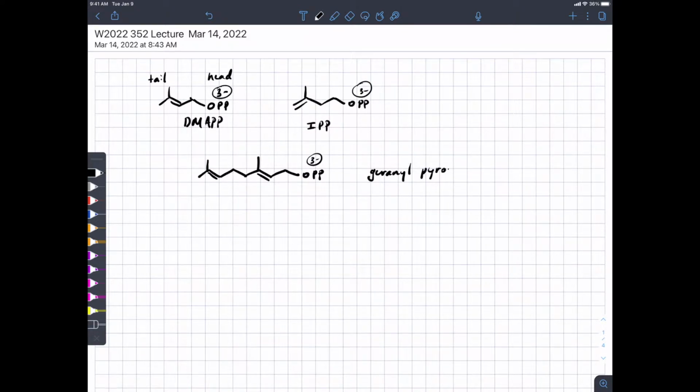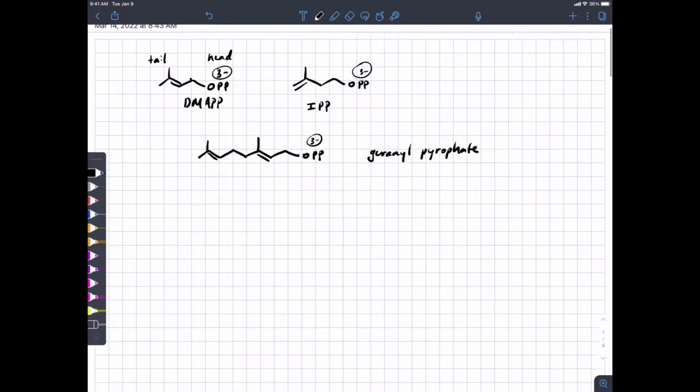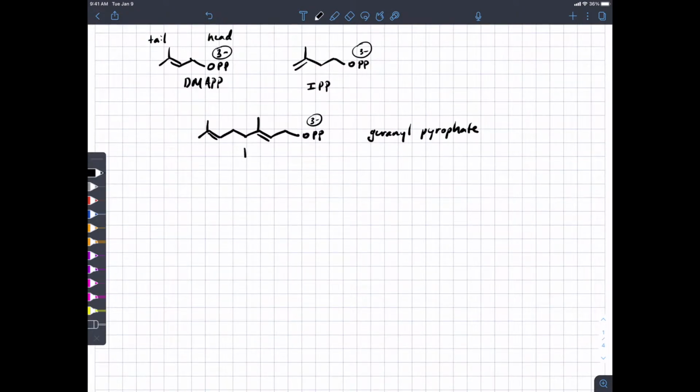All right, and this is geranyl pyrophosphate. And we've talked about how you can then take that and add another unit of isopentenyl pyrophosphate, and you can get the molecule with 3 isoprene units. And this is called, as we talked about last time, farnesyl pyrophosphate.